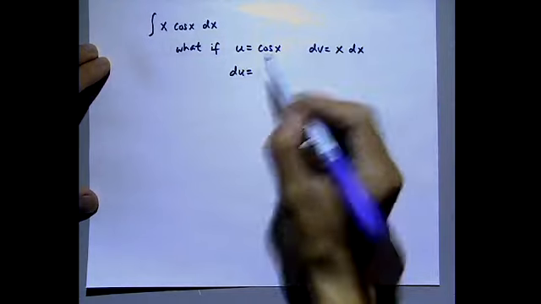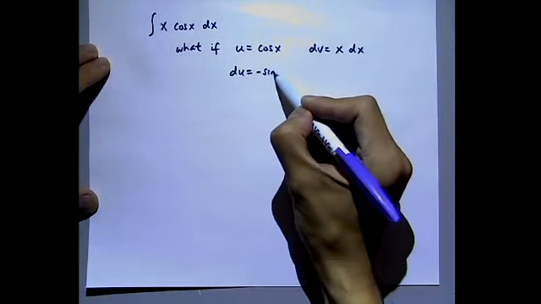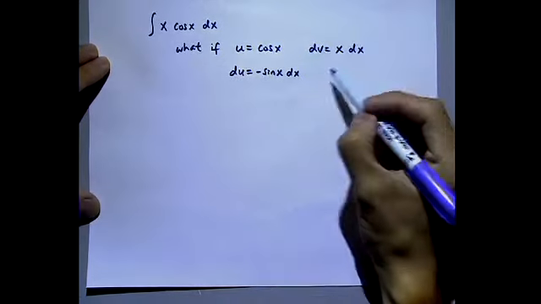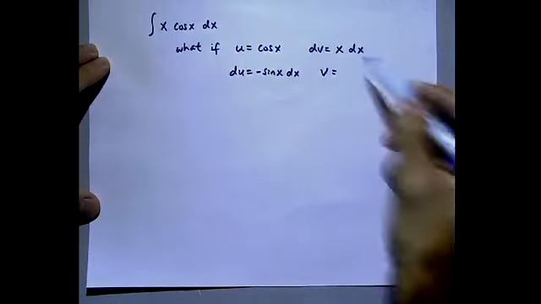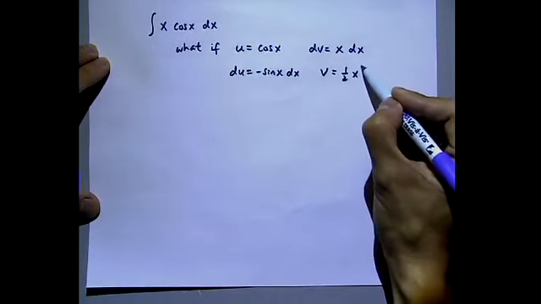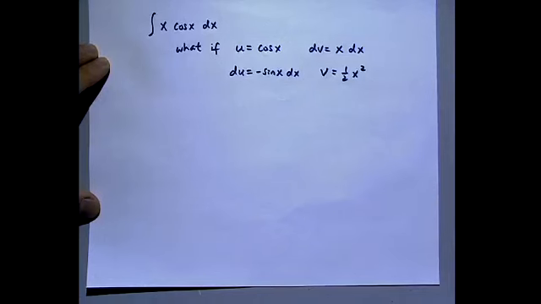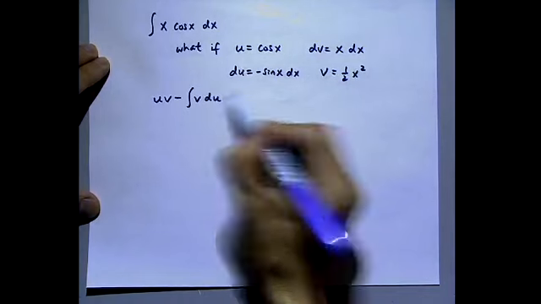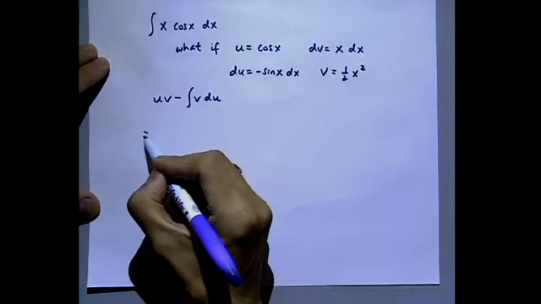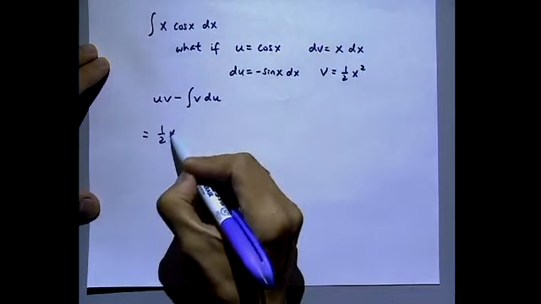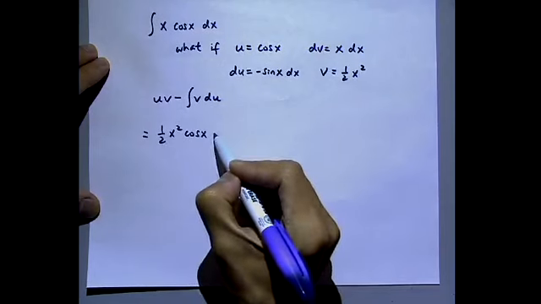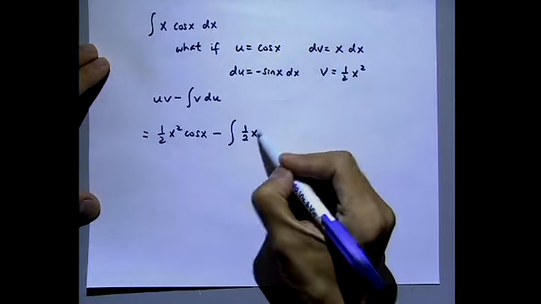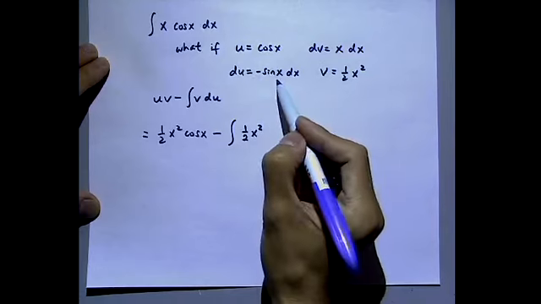So if I do that, then derivative of cosine is minus sine. Don't forget your dx and your du. And then integral of x is 1/2 x squared. Okay, then we do that. u times v minus the integration of v times negative sine of x.